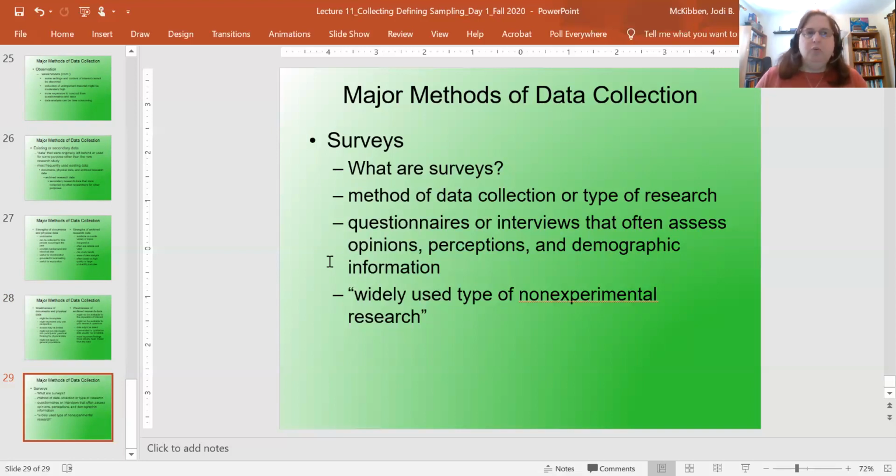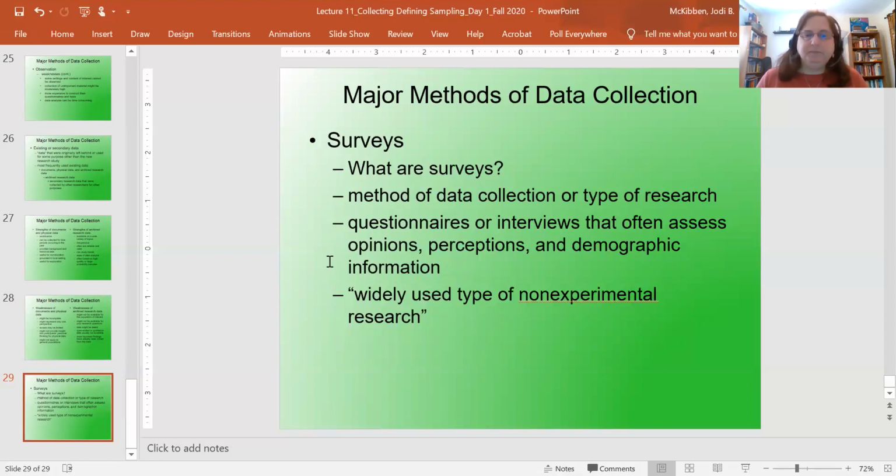So when we talk about survey research, we talked about what experimental studies are, right? Those are the ones where you control the IV, you're looking for cause and effect, and it's a very tightly controlled study typically, right? Whereas with non-experimental research, you might not be able to manipulate the IV, and you're looking for the association between variables, and sometimes that kind of research is called survey research.